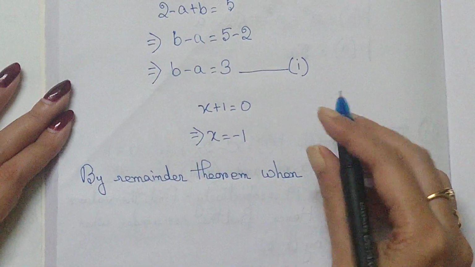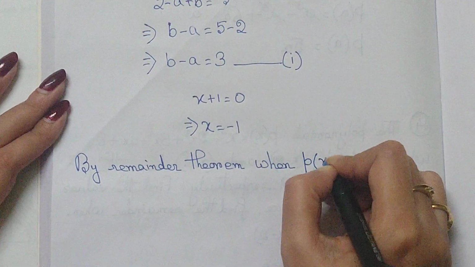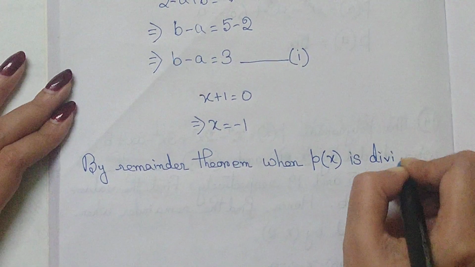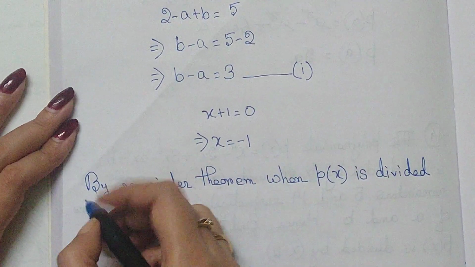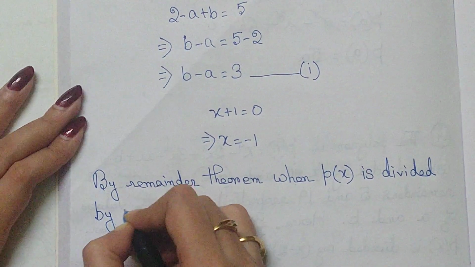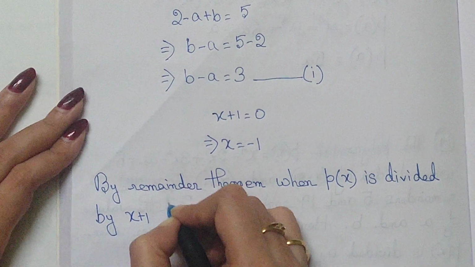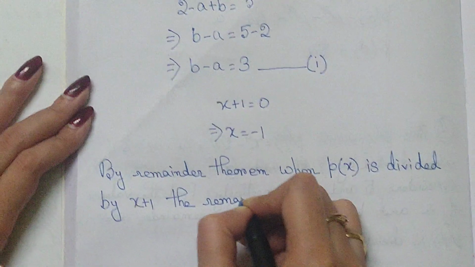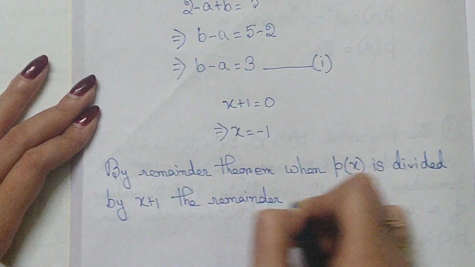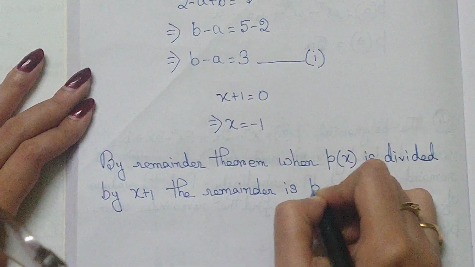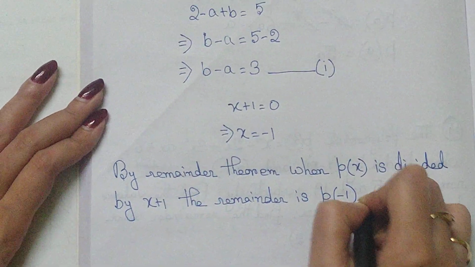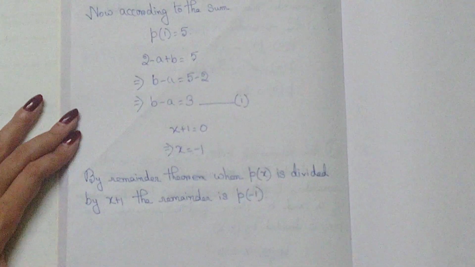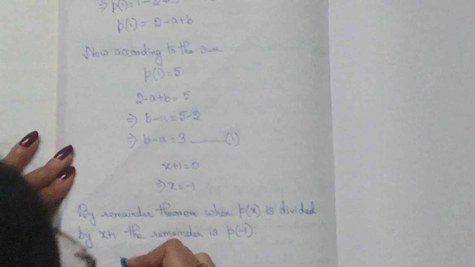When P(x) is divided by x plus 1, the remainder is P(minus 1). That means now the x will be substituted by minus 1.